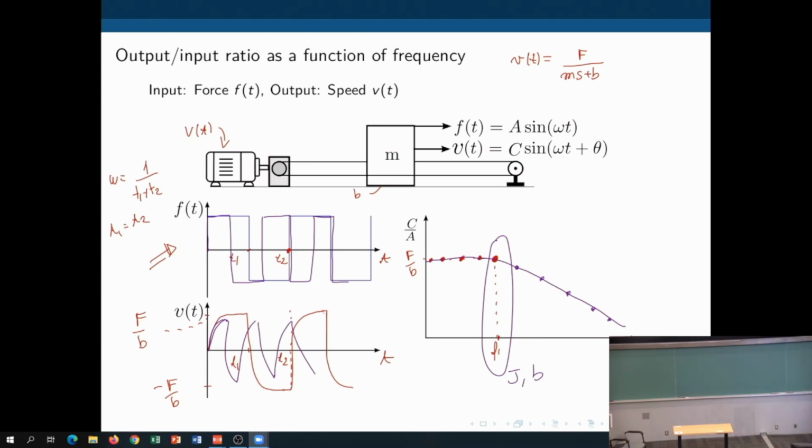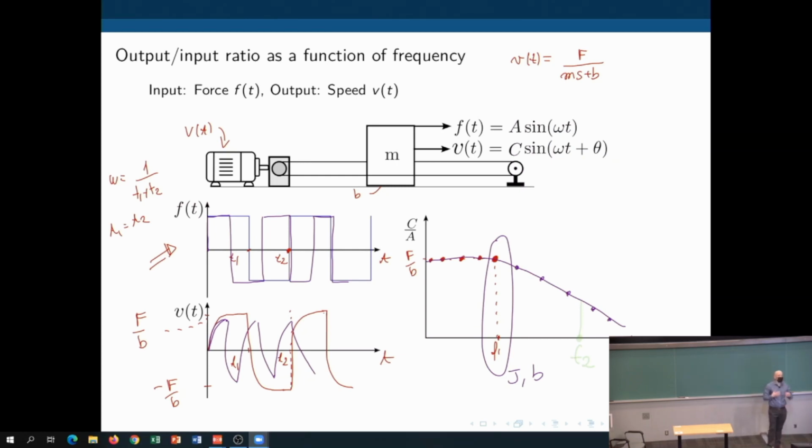Okay. So if we are, let's say, right here, we have to operate at this frequency. Let's call frequency F2 here. Let's assume that this mass is that example I gave you as a robot picking and placing things in an assembly line. And you want this robot to do that really fast at a frequency F2, which is beyond the point now where we can reach the steady state value. What do we do?